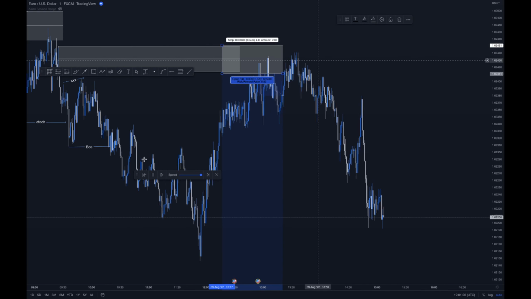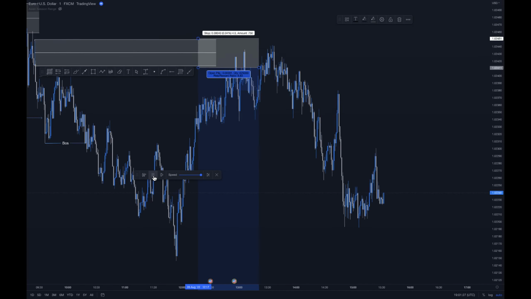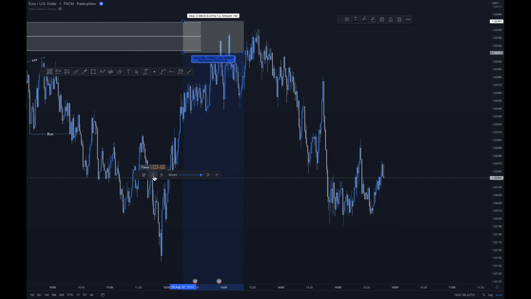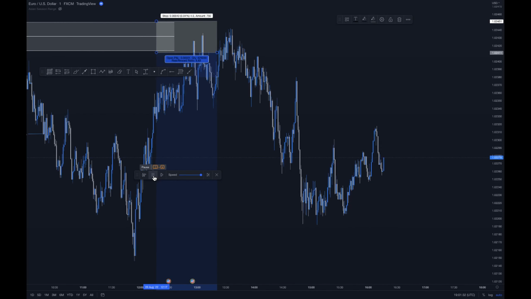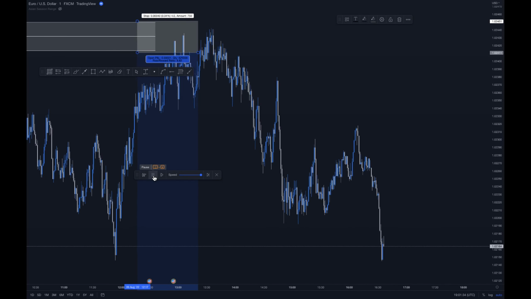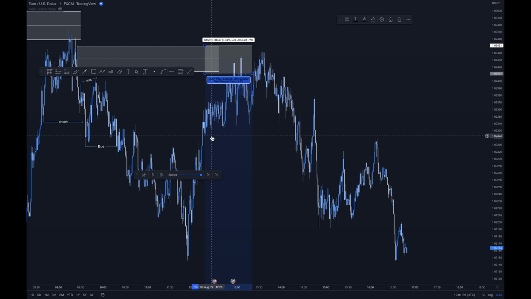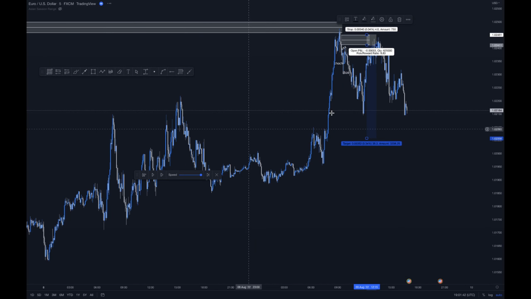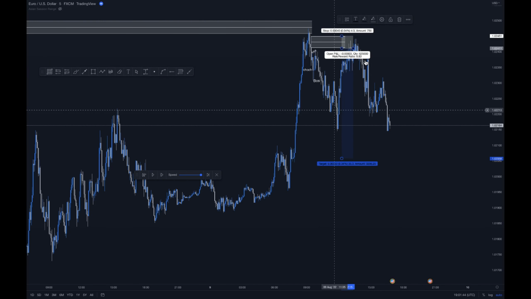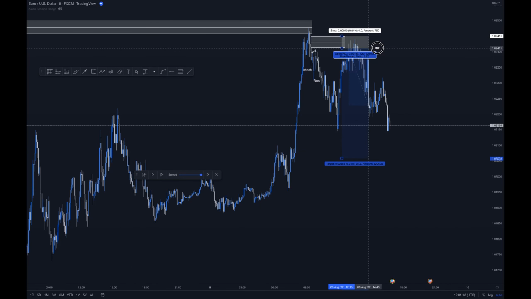Okay, so this is the current market price action on Euro USD right now. All right, so let's go to the 5-minute time frame. Okay, so this is the current price on Euro USD at the moment.